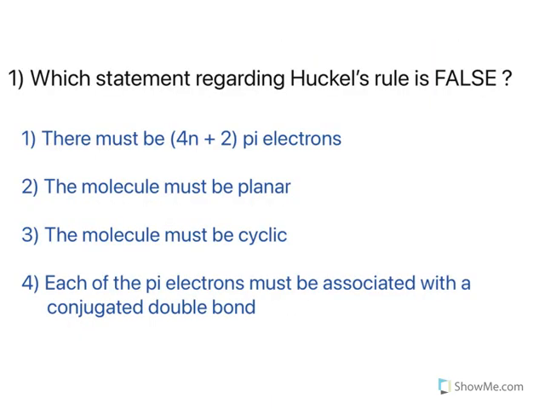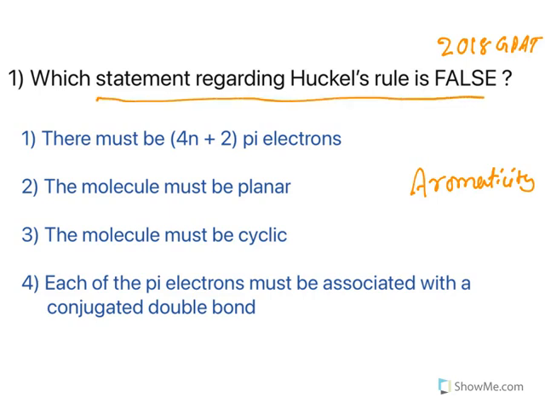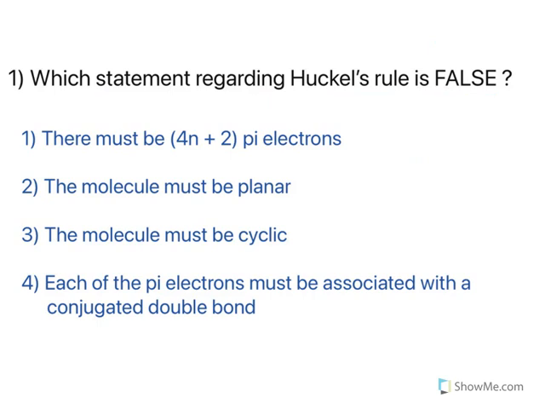Moving further, the next questions are based on aromaticity. This question was asked in 2018 GPAT: which statement regarding Huckel's rule is false? Understand that Huckel's rule comes with aromatic compounds. Now let us understand the options. There must be 4n plus 2 pi electrons.